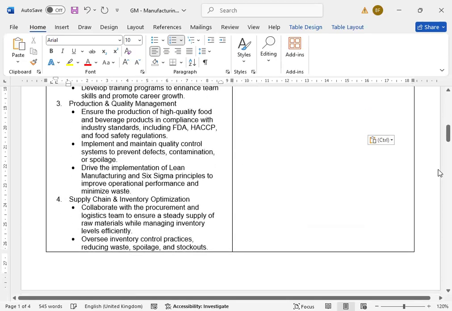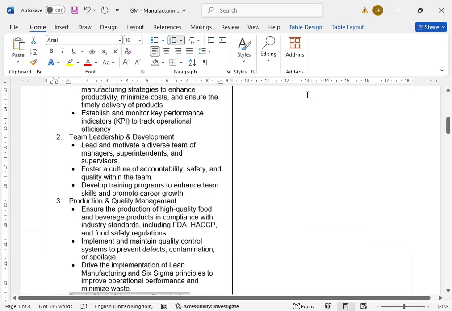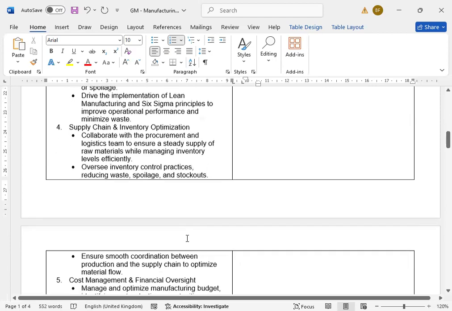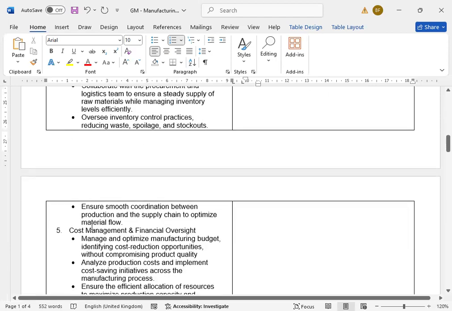Then I'm going to copy number four, supply chain and inventory optimization. Control C. Then number five, cost management and financial oversight.